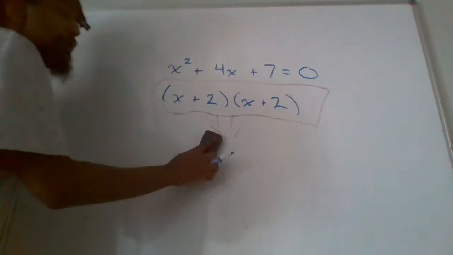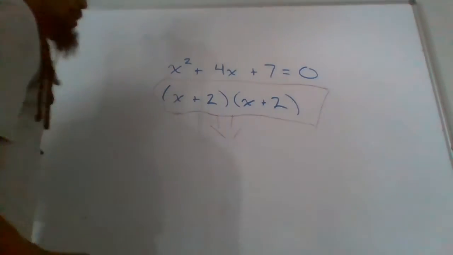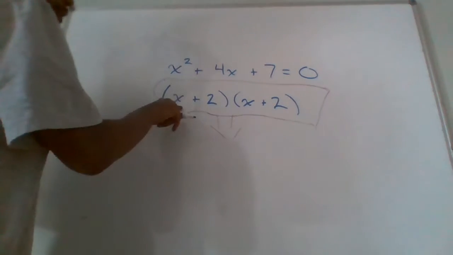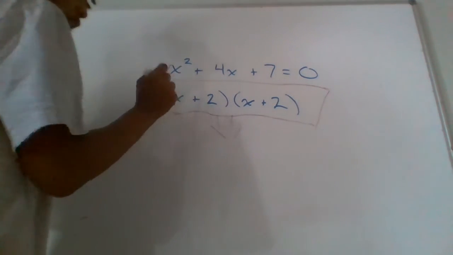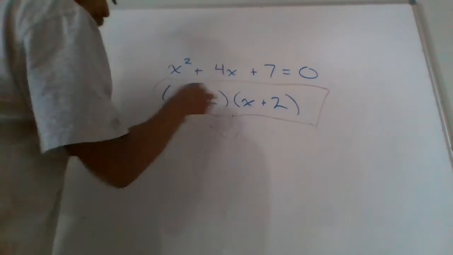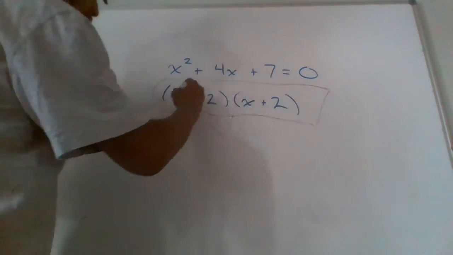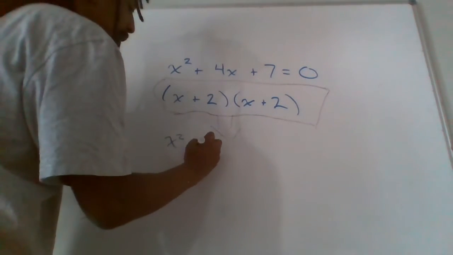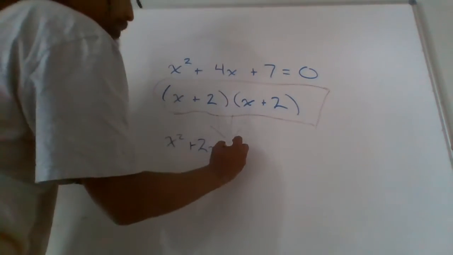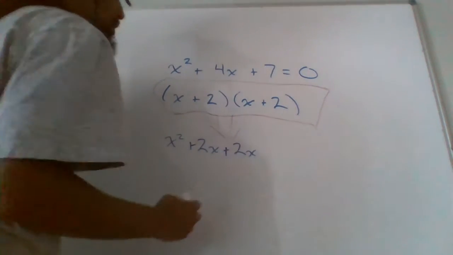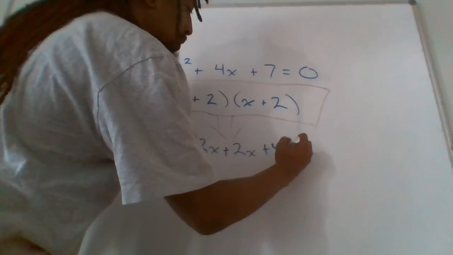You want to see how I did that so quickly? I foiled. So if we were to write out this equation, we're going to have to FOIL. First, we get x squared. Outer, x times 2, 2x. Inner, plus another 2x. Last, plus 4.